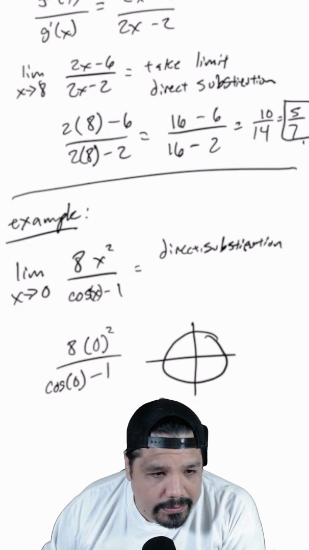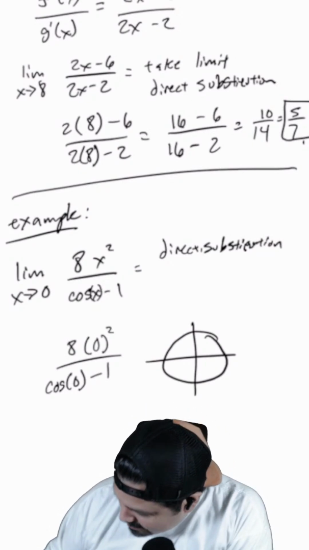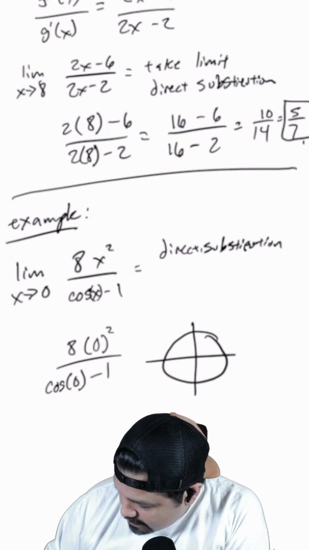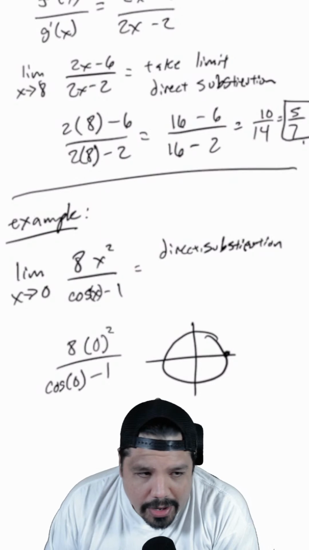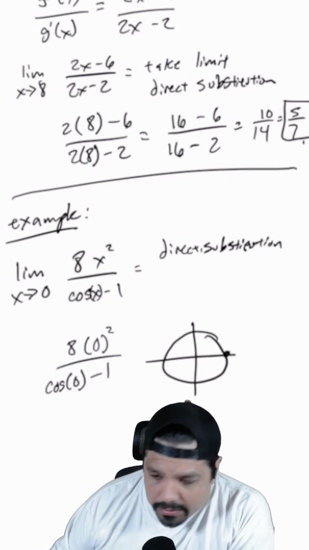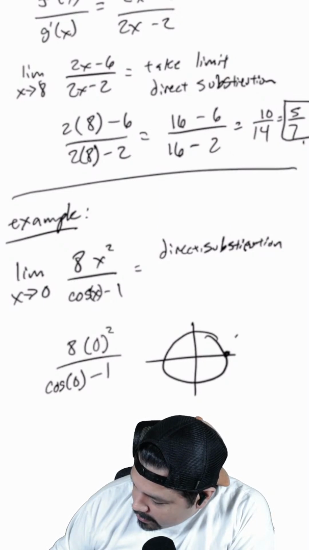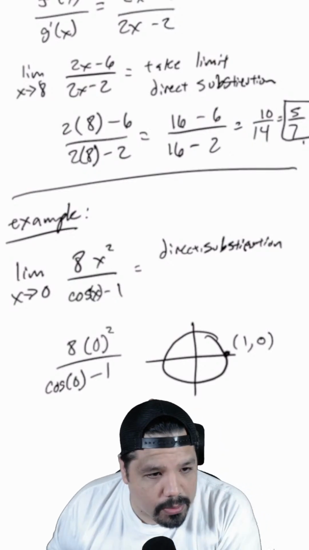That's right. Always comes back to the unit circle. Cosine of 0. It's right there. Isn't that right? And the unit circle has a radius of 1, making this x point 1, this y point 0.